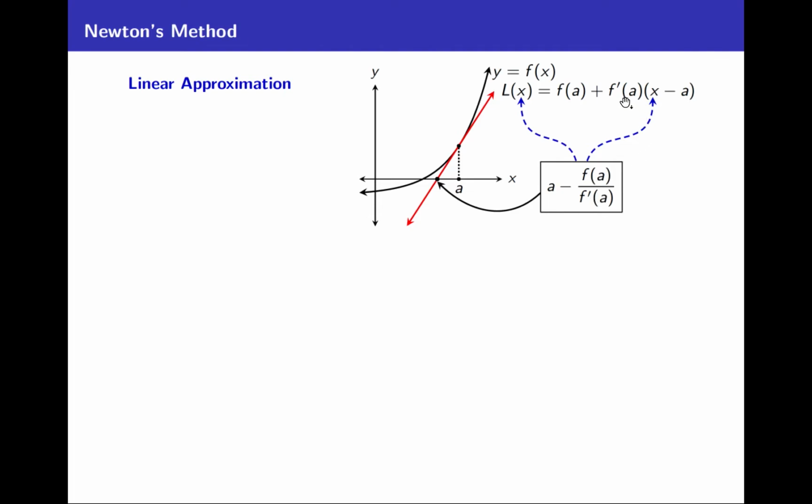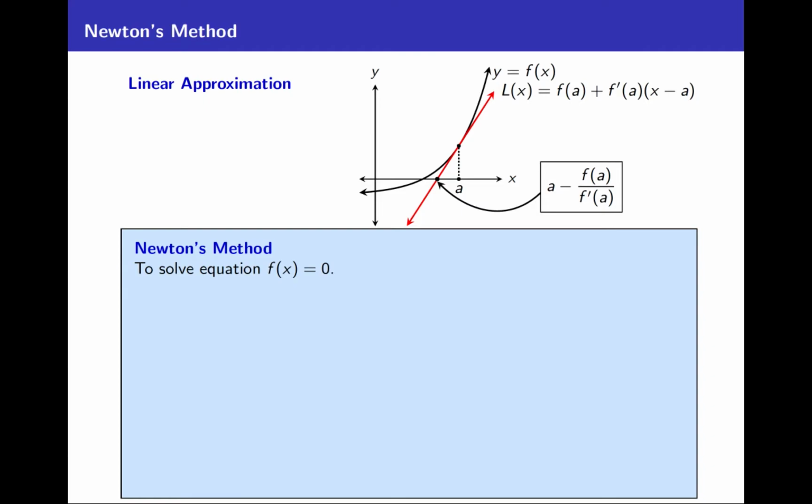You're multiplying that by f prime of a, so the f prime of a on the bottom cancels, and you're left with negative f of a. Add it to that f of a, and you get 0. So that x-intercept is the number a minus f of a over f prime of a. Keep that in mind, because that's the heart of Newton's method.